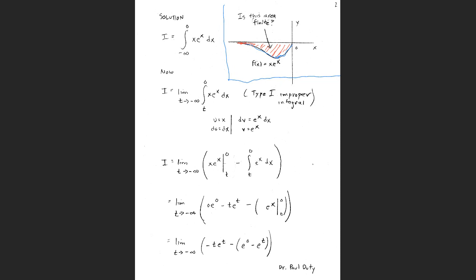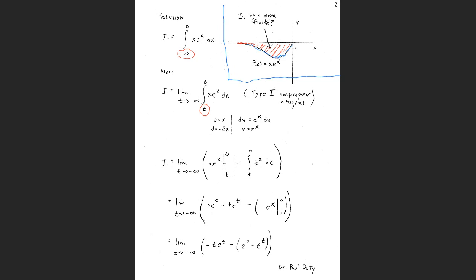So the techniques that you've learned, substitution approach, integration by parts, and so forth, are based off of proper integrals where you have finite limits for your integrals. So the way we compute this is we take that negative infinity on the bottom limit, and we replace that negative infinity with t.